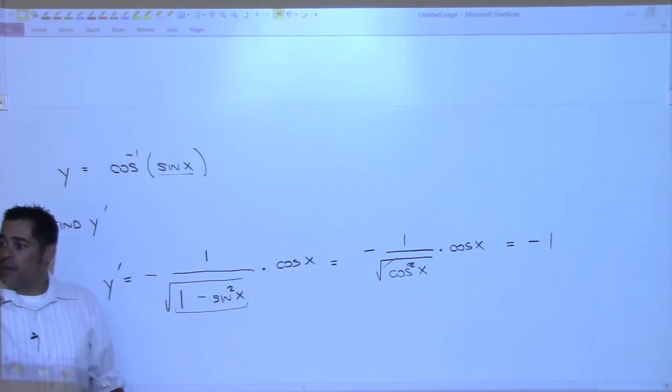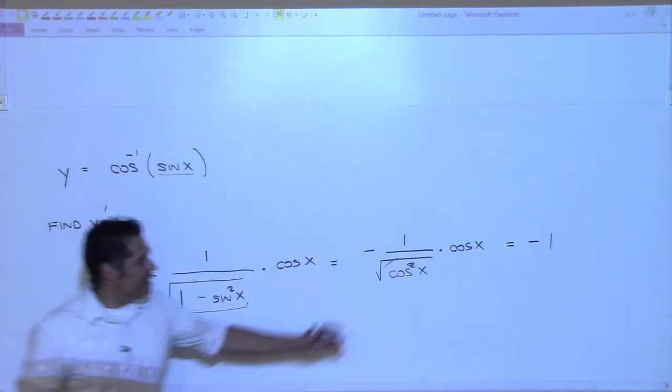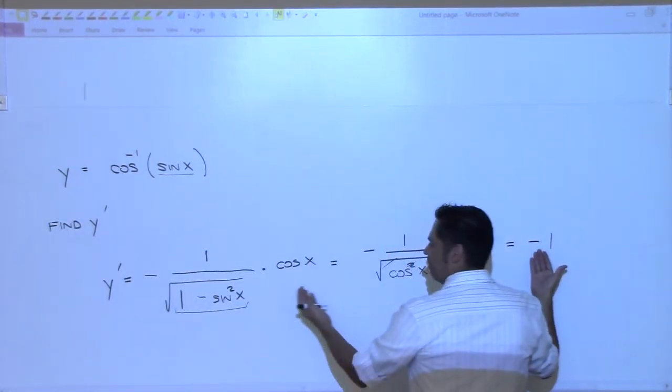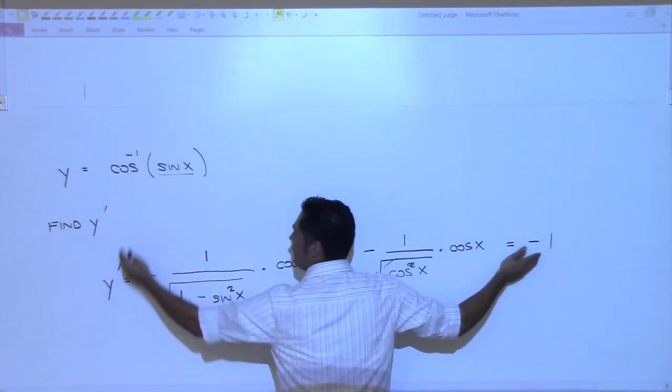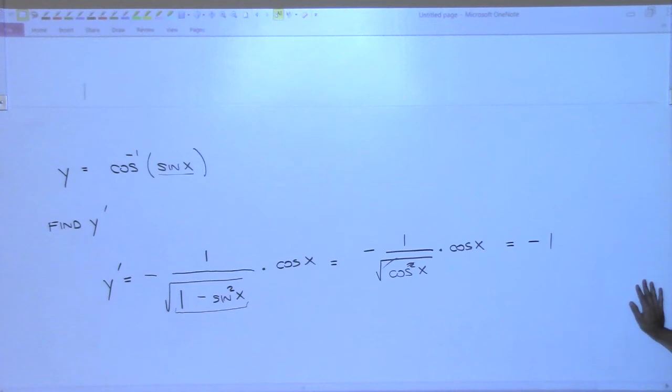Take the derivative of negative x, what do you get? Negative 1. We're getting negative 1 as an answer, which means if the derivative of something is negative 1, that means that should have just been x? How is that even possible? Because it's not. It's cosine inverse of sine x. How is that x?